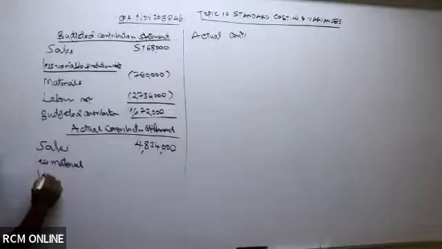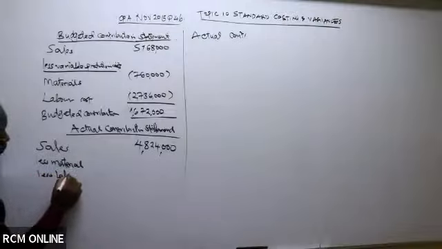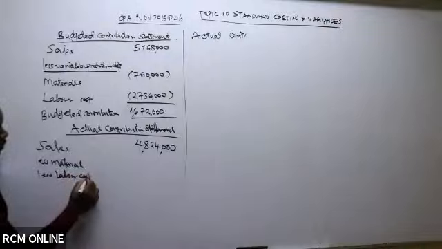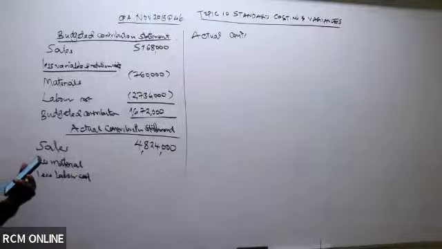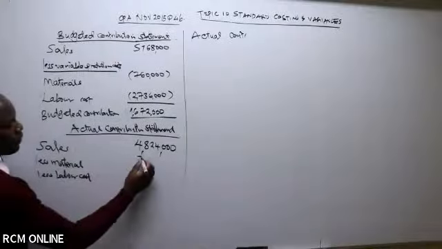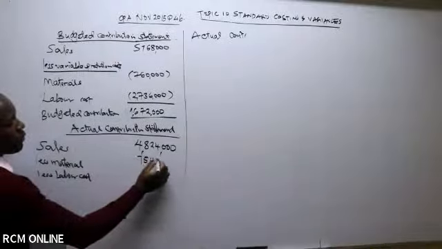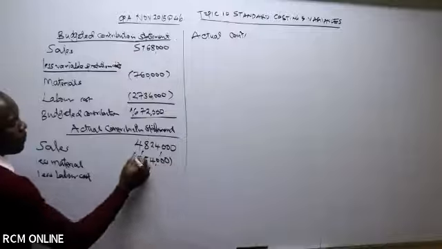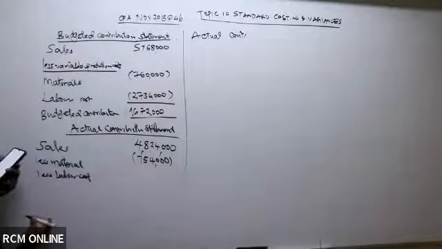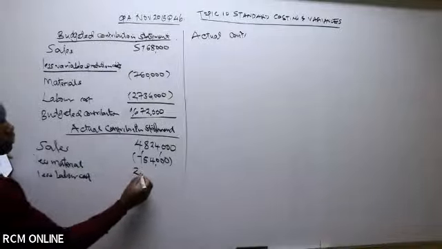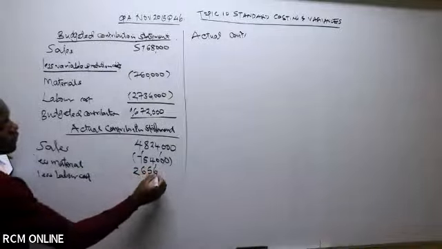Then of course, less labor cost. So the actual material cost as per this question, 754. Actual labor cost as per this, 2,656,000.